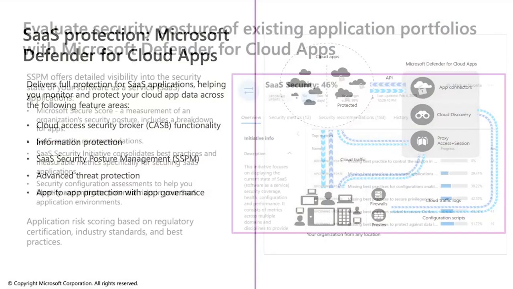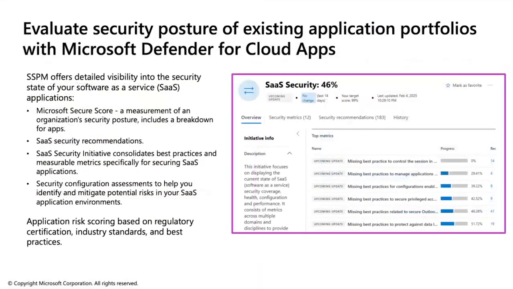This basically gives you the SSPM offer. In this SSPM, you get a secure score, recommendations for SaaS security, and security configuration assessments that we can use to enhance security for these SaaS applications. We can follow these recommendations for what is missing. So you find some recommendations here in Defender for Cloud Apps.